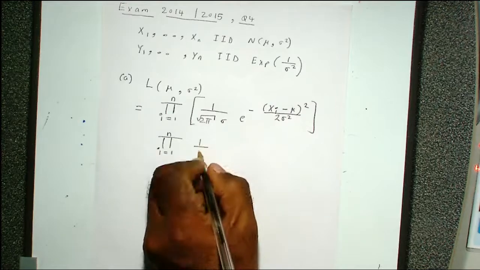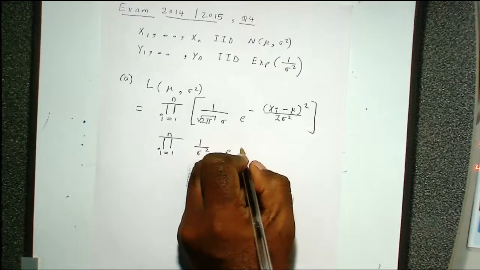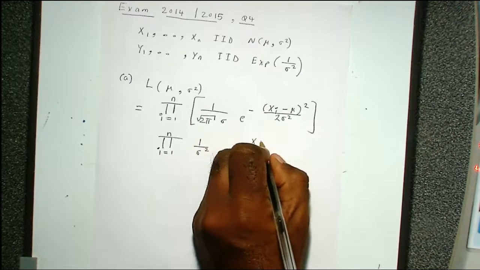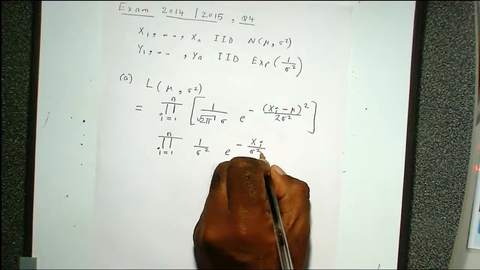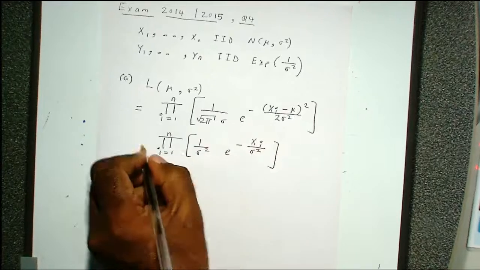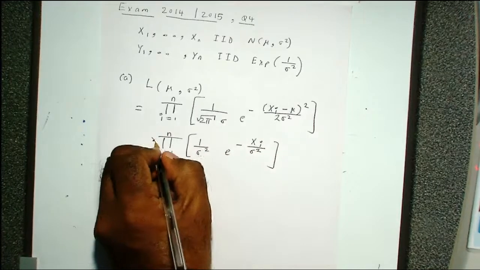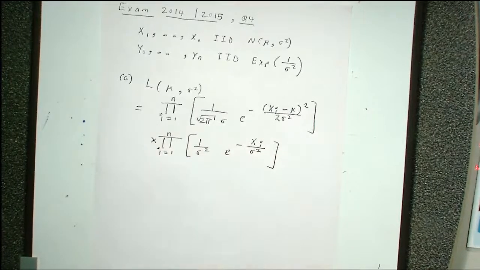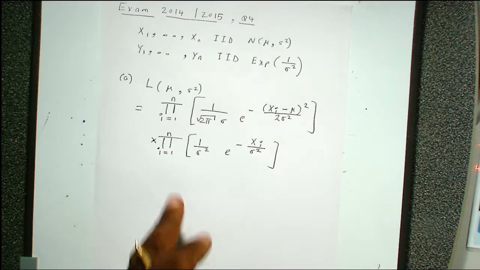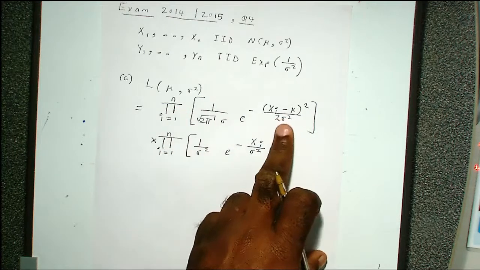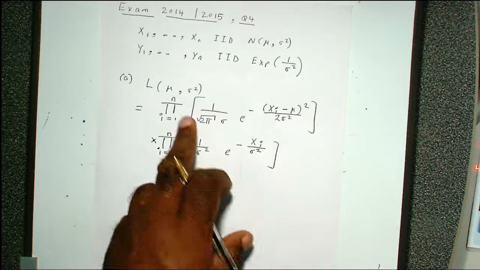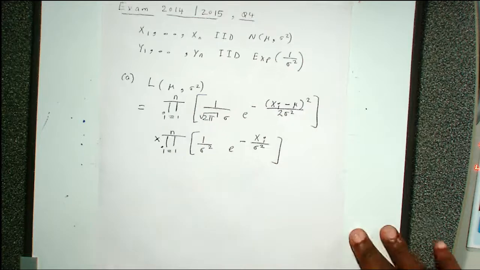Which is 1 over sigma squared times e to the power of this, and then you take the product of the two. So that's what I meant when I say product of products. This is the likelihood for the first sample, the likelihood for the second sample, and the product of the two is the likelihood.